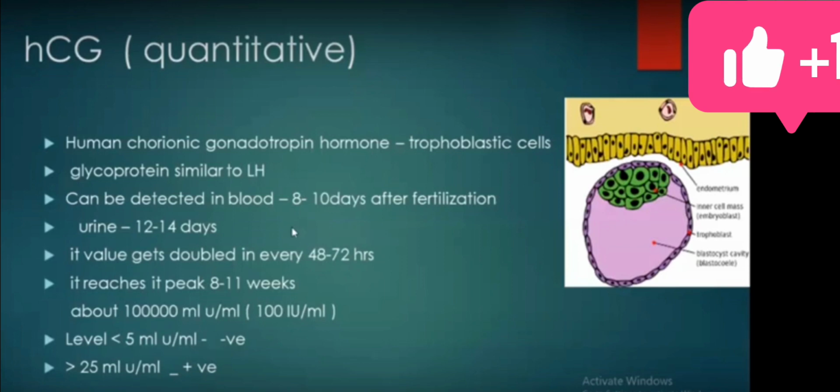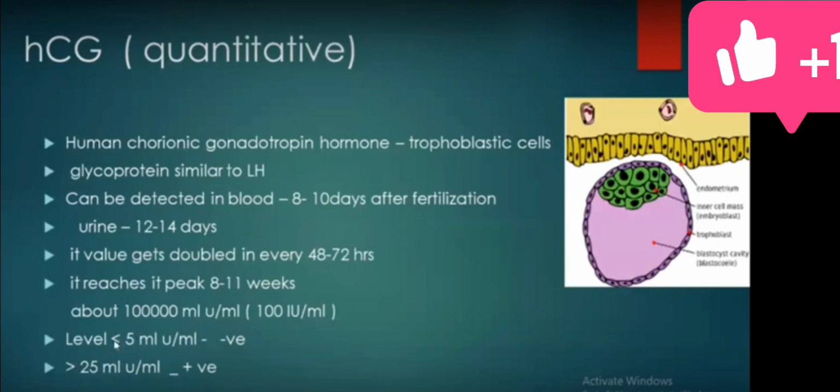One more thing is that the HCG level increases, that is, it gets doubled every 48 hours. It reaches its peak at about 8 to 11 weeks, at about 100 international units. After that, it declines slowly, and later it maintains a particular limit. A serum HCG greater than 25 is considered positive, that is, pregnancy is positive.